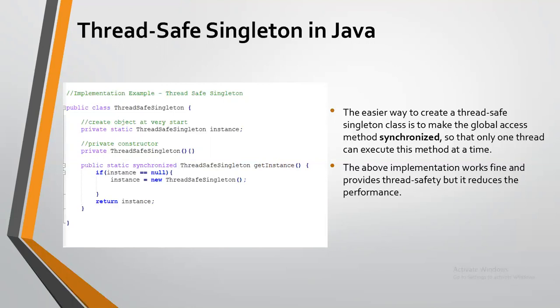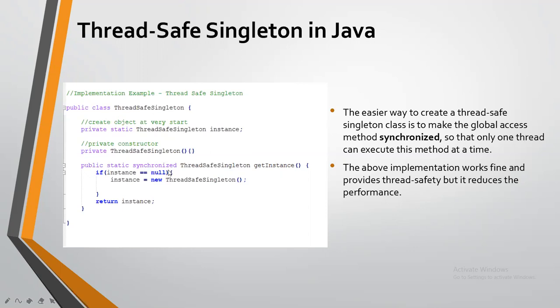Just imagine if this getInstance method is a non-synchronized method, this execution will take 1 millisecond, but making this method synchronized will take 100 milliseconds. So this is the issue with the synchronized method.